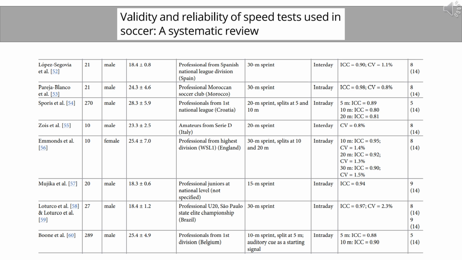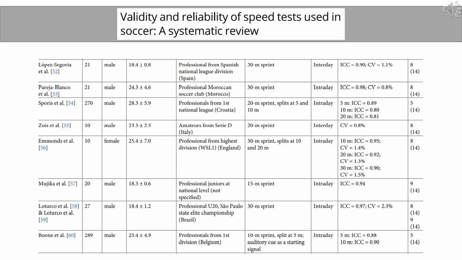And remembering our ICC and CV scales, if we scan through this particular column, which is just a snapshot from this systematic review, we can see that our lowest ICC value, I think, is 0.8, and our highest CV value, noting that it's not reported in every study, is 2.3.